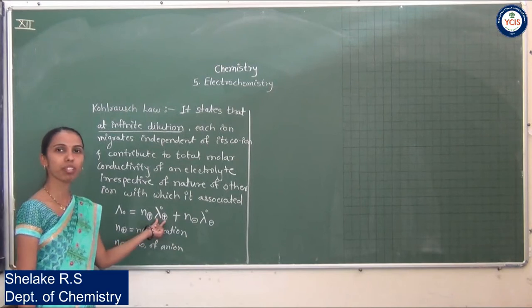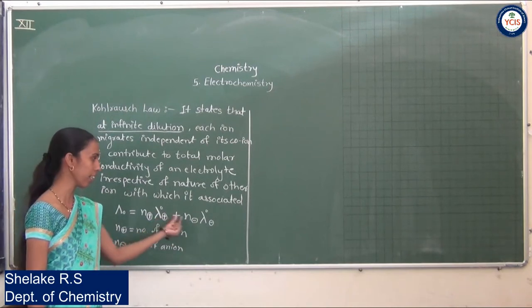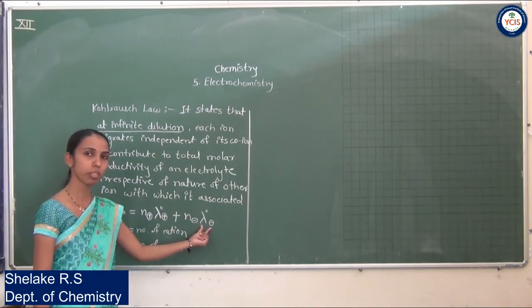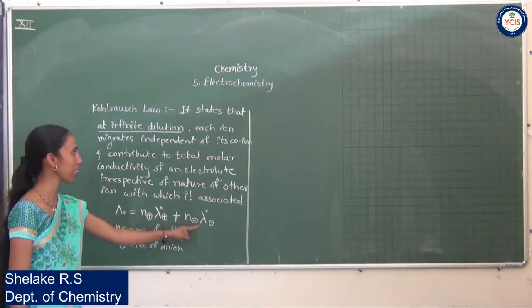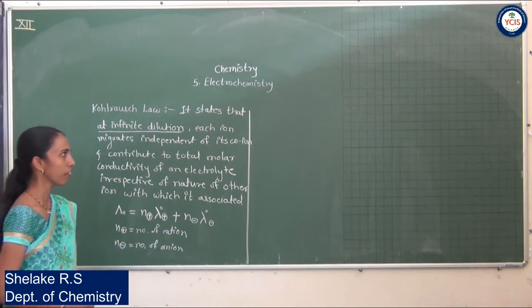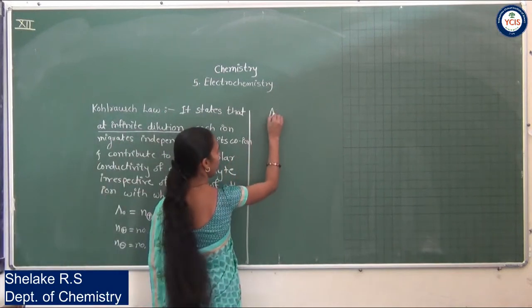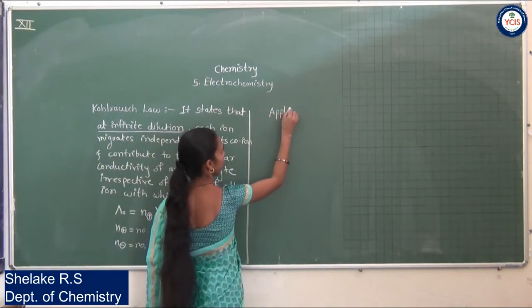Lambda 0 plus is the molar conductivity of the cation, lambda 0 minus is the molar conductivity of the anion. So that is the mathematical statement for Kohlrausch's law. Now we will see the applications of Kohlrausch's law.